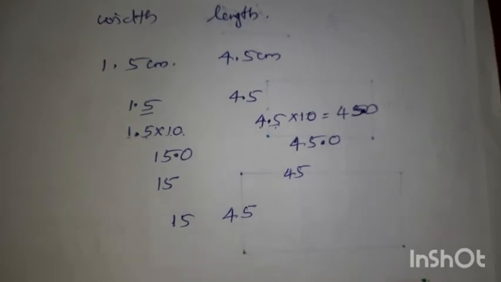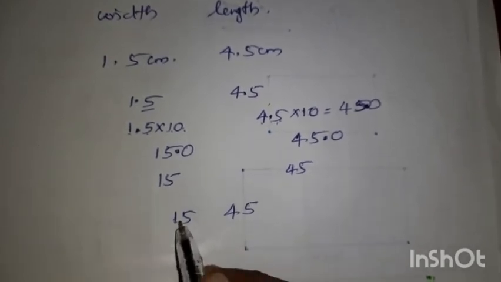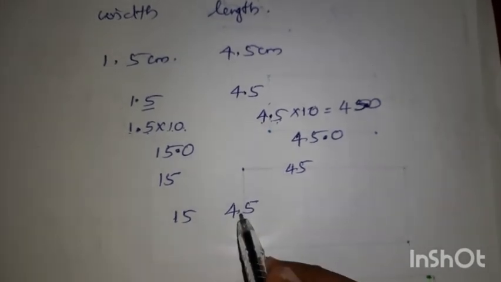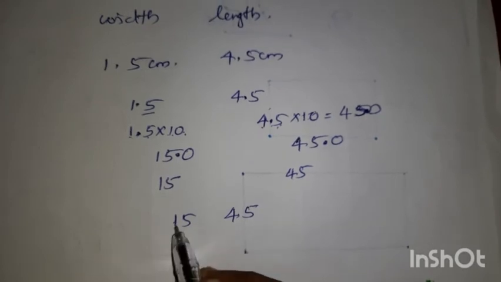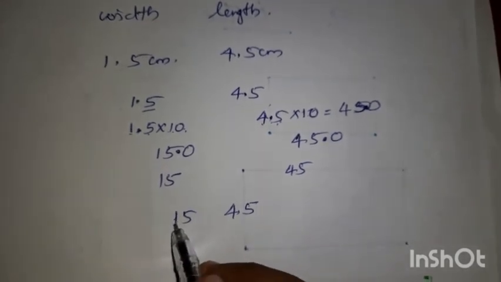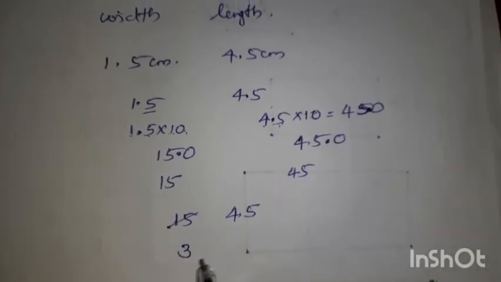This you have to divide and find out the ratio. So 15 and 45. Which number can you commonly divide by? You can divide by 3 or 5. If you divide by 5, 5 3s are 15.